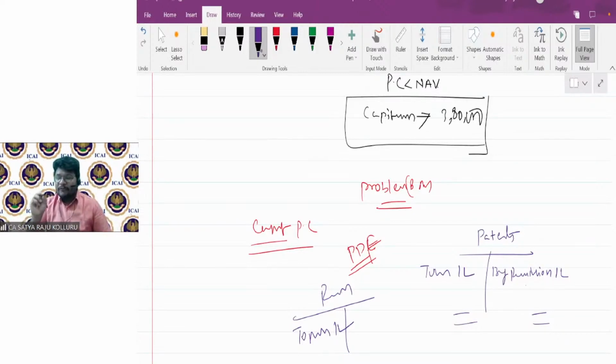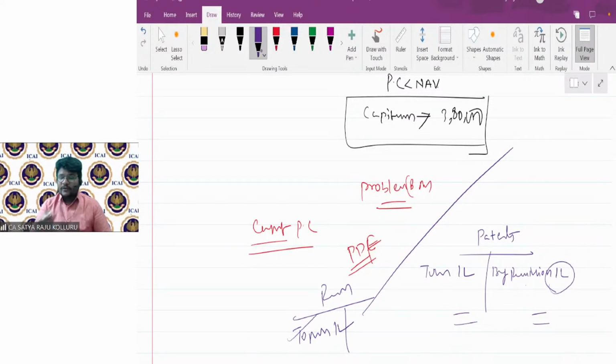If any particular asset is not taken over by the purchasing company and it doesn't have any market value outside, then whether you open it separately or transfer it directly to the realization account, both have the same impact. To avoid confusion, it is better to open it separately and recognize the loss, then transfer it to realization. That is one method. In another method, you can simply transfer directly to the realization account as well.